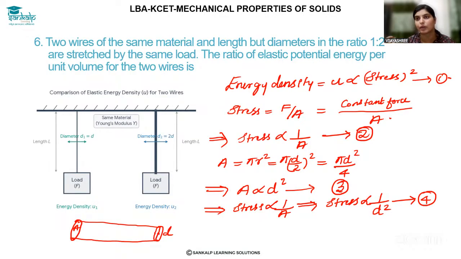What are we given now? We are given that the d1 to d2 ratio is 1 is to 2, the diameter ratio is given as 1 is to 2, right? Therefore, what happens to the area ratio?